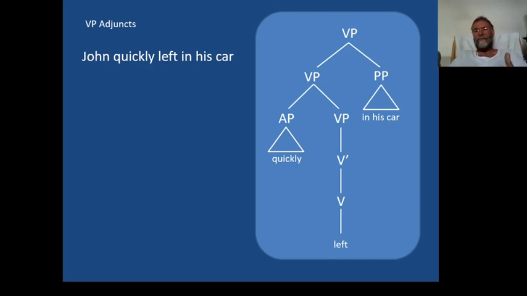So the quick leaving took place in his car. Now, if you can detect any difference in meaning between those two things, then I think you're a better person than most, because I certainly find it difficult to see that there's any difference in meaning at all.